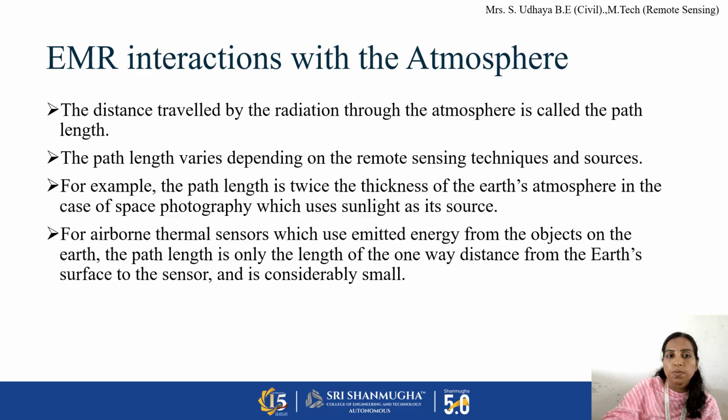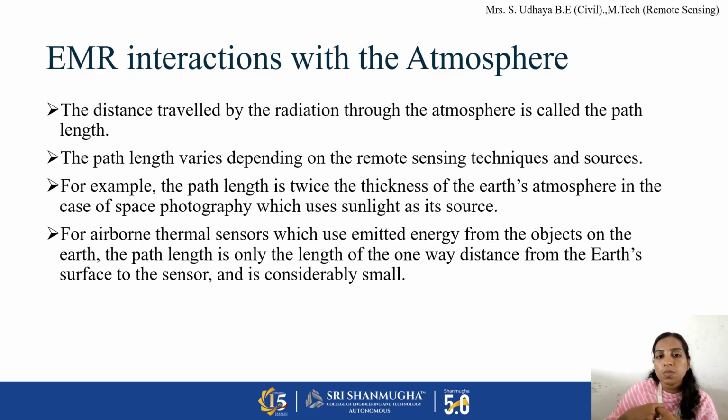The distance traveled by the radiation through the atmosphere is called the path length. The path length varies depending on the remote sensing techniques and sources. For example, the path length is twice the thickness of the Earth's atmosphere, as I said, it travels twice.